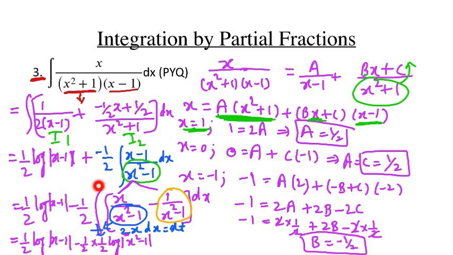Don't forget that minus 2 to bring inside, and when you bring that inside you will have a plus 1 by 2, and the denominator is in the form of 1 upon x square minus a square, which is 1 by 2a, a being 1 over here, and log of x minus a upon x plus a plus c, and that is your answer.